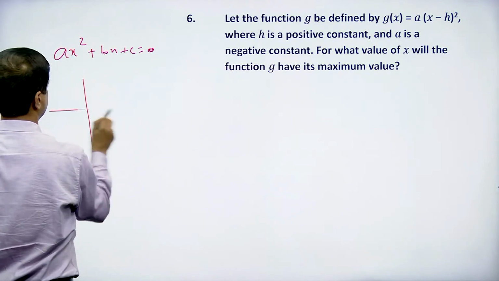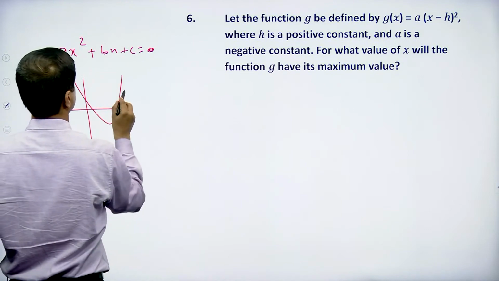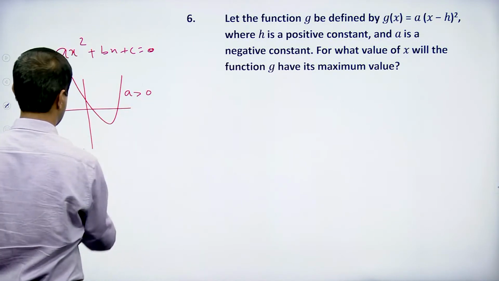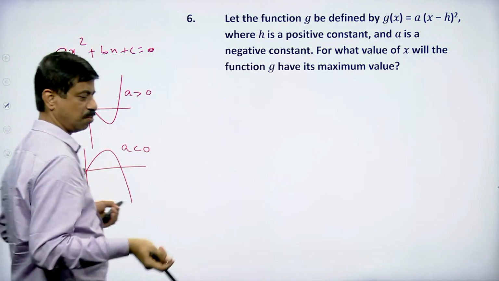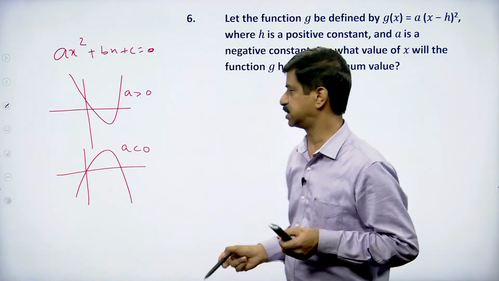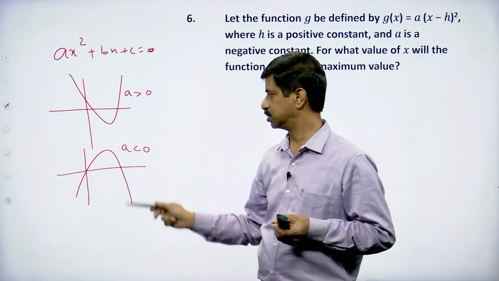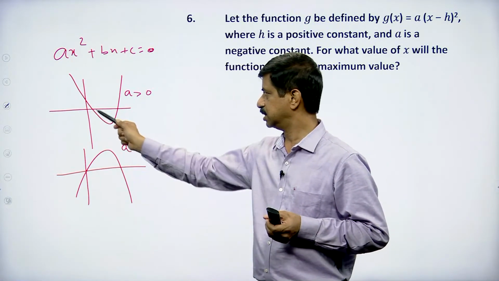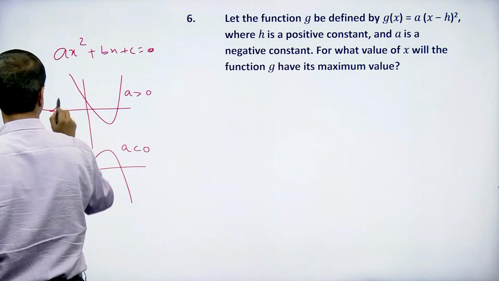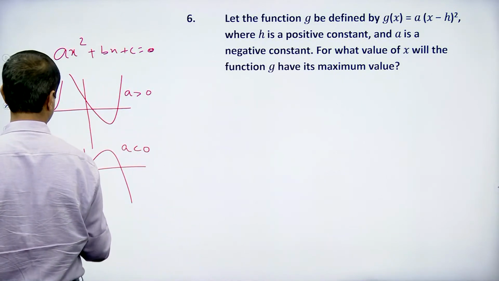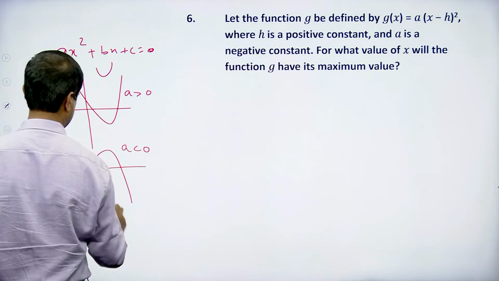So, the curve will be like this if a is greater than 0 and the curve will be like this if a is less than 0. So, where the curve cuts x-axis, it depends on the number of roots. This has 2 roots, this has 2 roots. If it has 1 root, it will be like this only. If it has no roots, it will be like this and it will be like this.